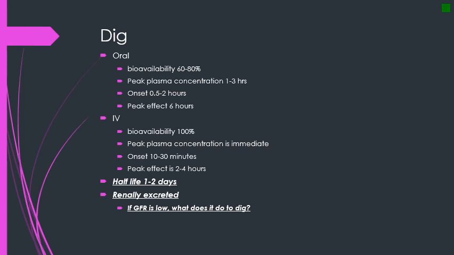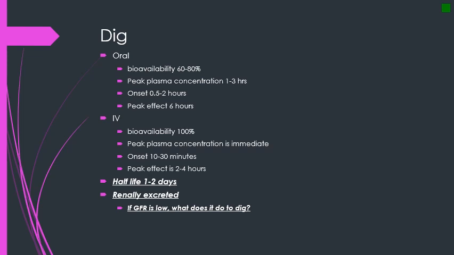Your IV dose is 100% bioavailable. The peak plasma concentration is immediate, and the onset's within about 10 to 30 minutes, and then the peak effect is 2 to 4 hours. So you're going to get the best effects significantly longer after it's been administered, but you should have an immediate effect.